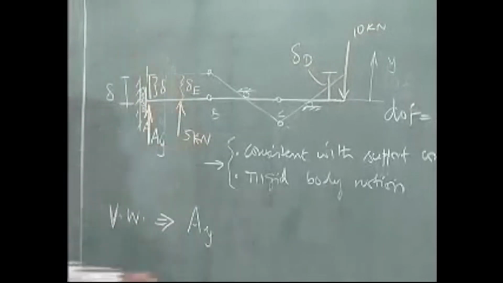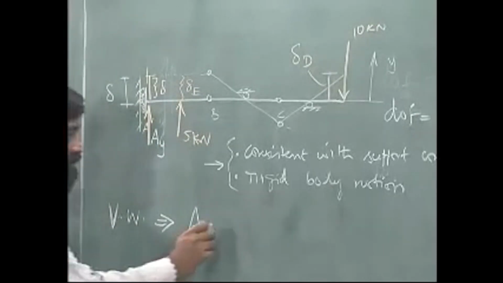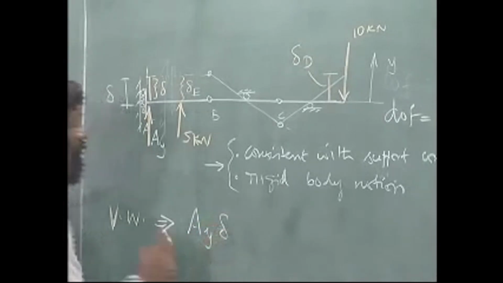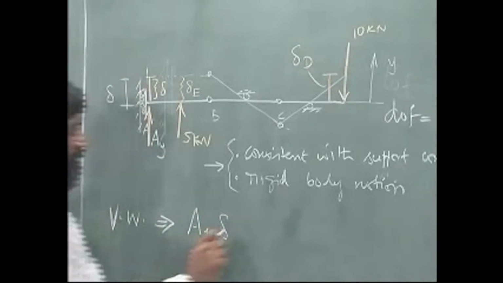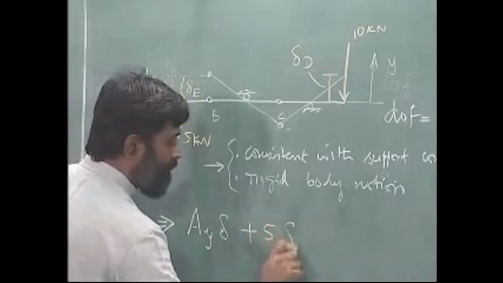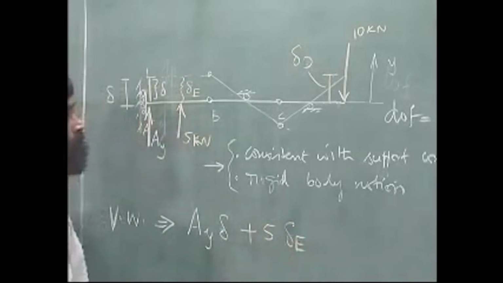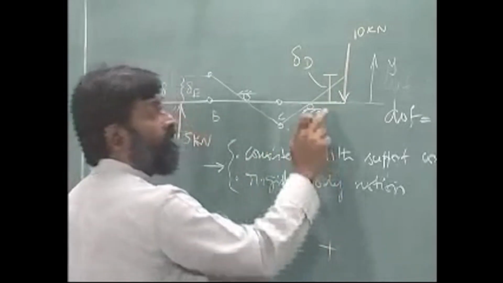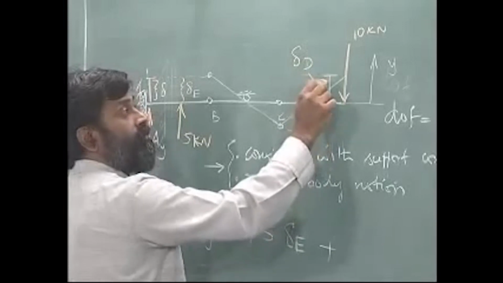Here, since only one direction is existing, I just have to write times. So, A y times delta, positive quantities, plus 5 times delta E. Delta E is upward.